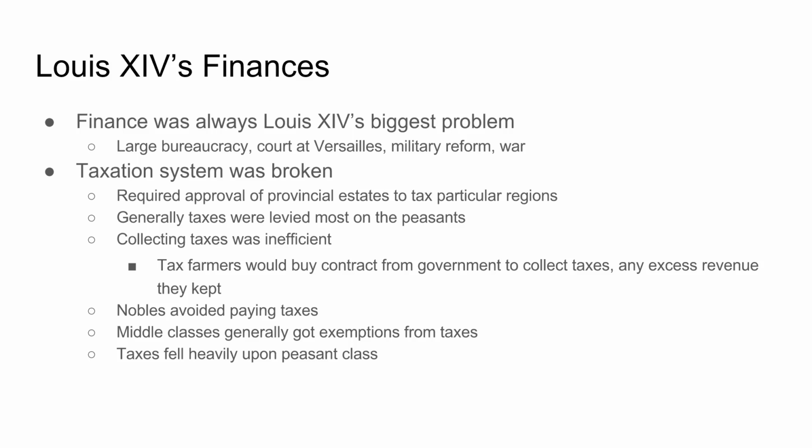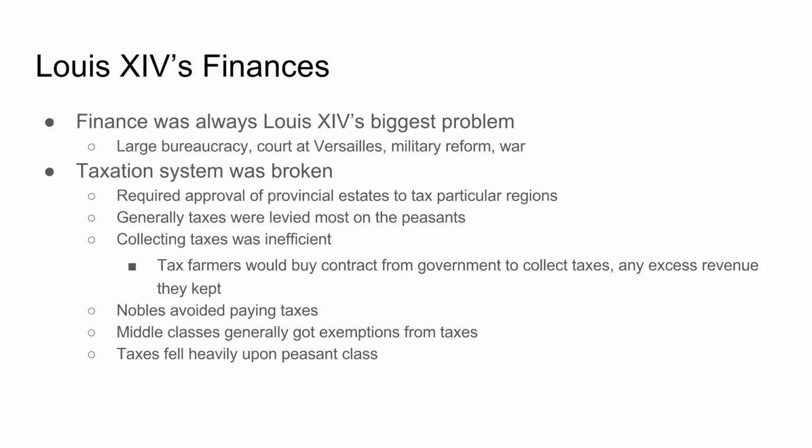Say like, oh, I'll give you $500,000 to collect taxes in this city or this region. And they would say, great, pay up, go get us that, and then go get the taxes. And so the government would say, from that region, we expect you to collect $200,000 in taxes. So now this tax farmer owes $200,000 in taxes plus $500,000 for the commission, but anything he makes on top of that, he gets to keep.